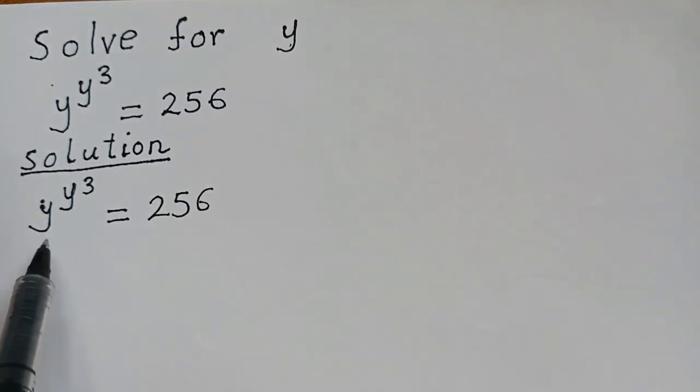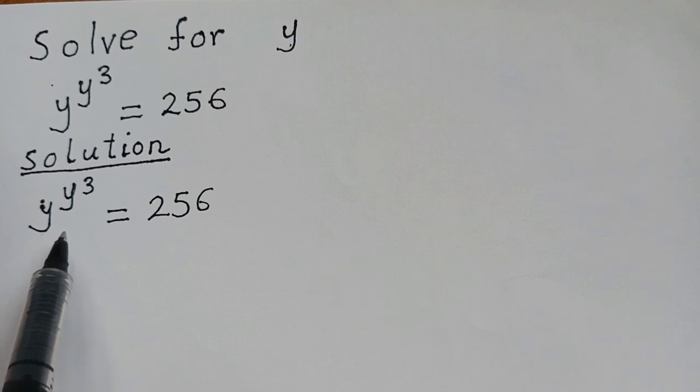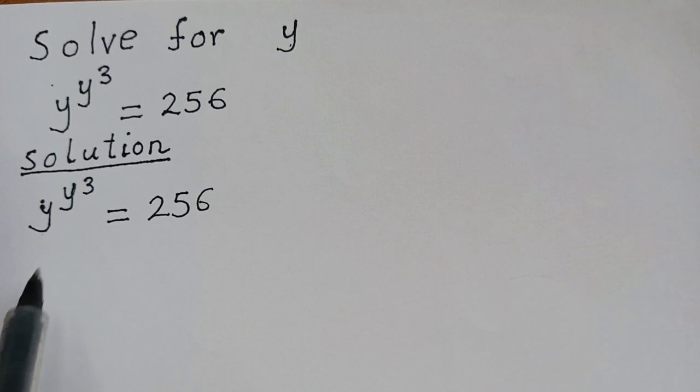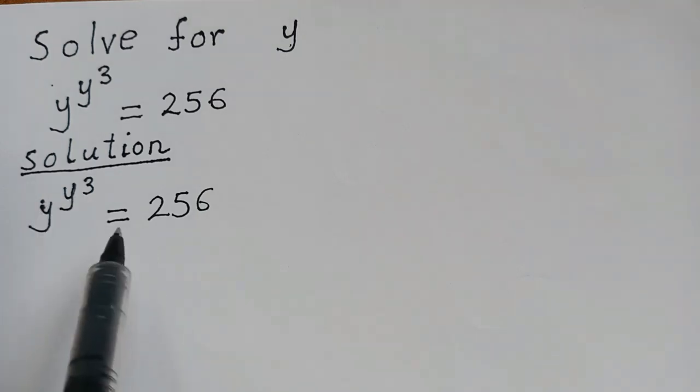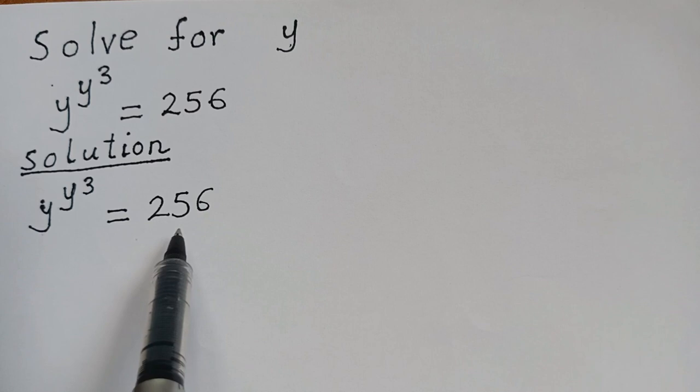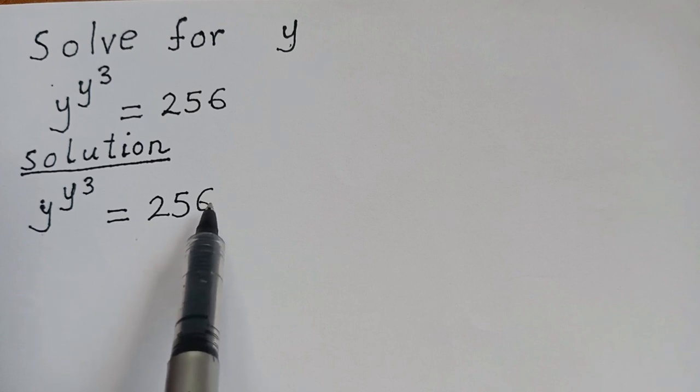The only trick that we can use in order to get the value of y is to raise the left-hand side expression to exponent 3 and the right-hand side expression to exponent 3.